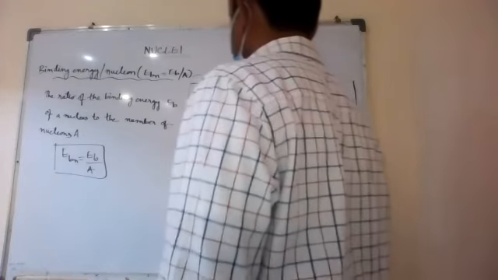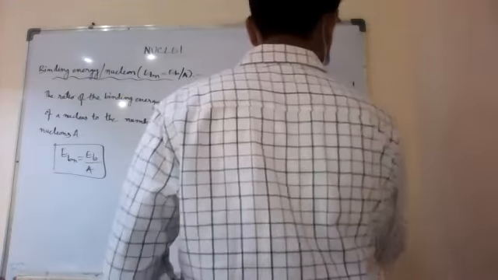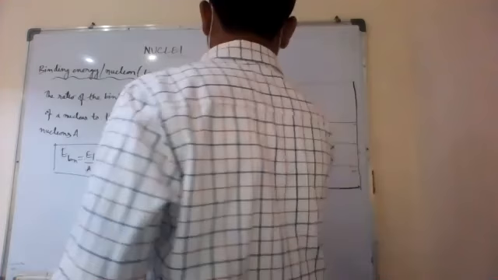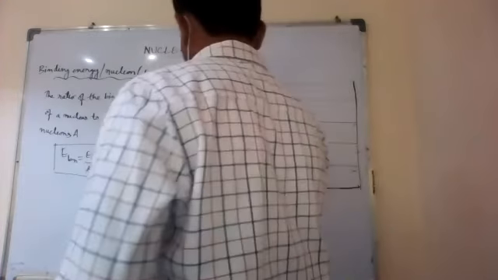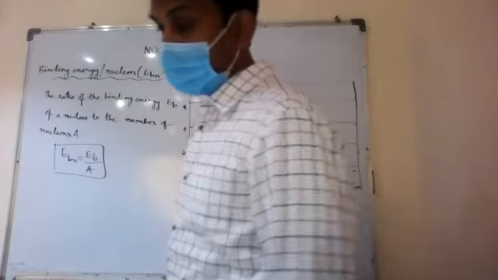Zero, 2, 4, 6, 8 on one axis, then 50, 100 on the other.